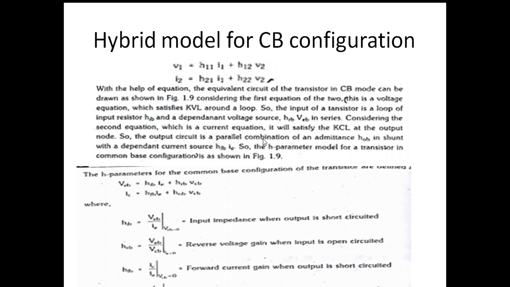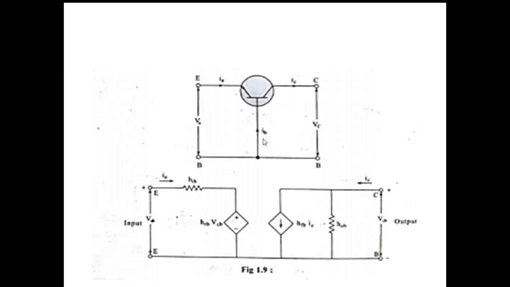I will show you. Now the second equation is a current equation. IC is equal to the sum of two currents. Those currents are HOB VCB, with HOB the output admittance, plus a current source HFB IE, the input current.